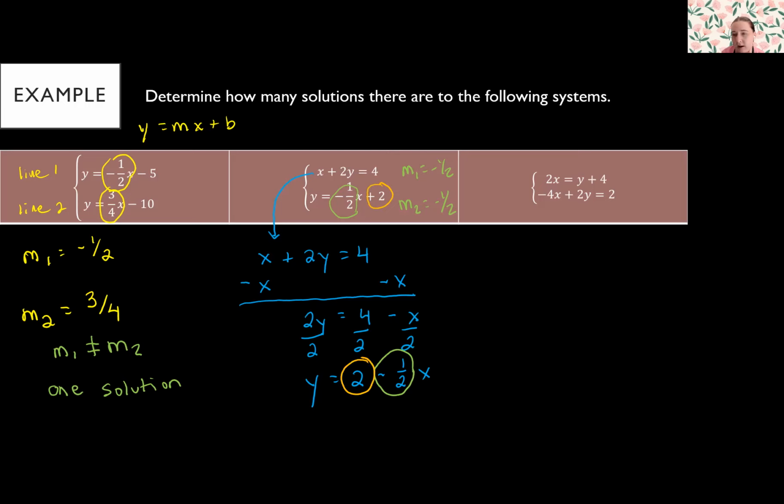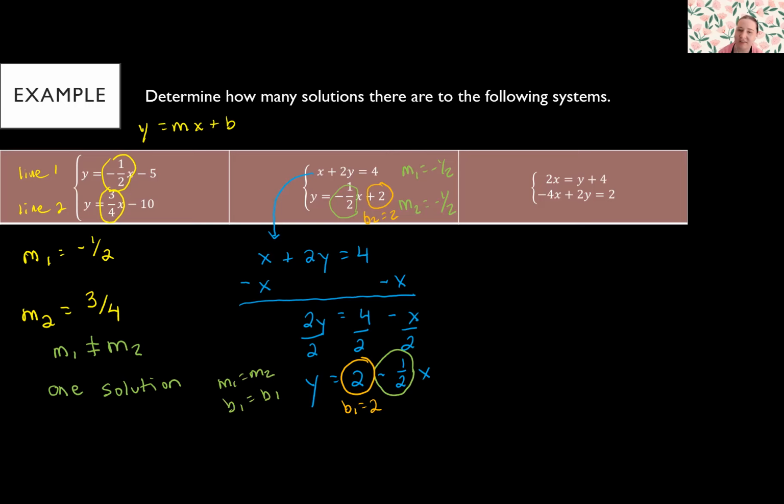They have the same y-intercept. So we've got the same slopes of -1/2, and then we have the same y-intercepts of 2. So B2 is equal to 2 and B1 is equal to 2. So M1 equals M2, and the y-intercepts are the same, B1 equals B2.